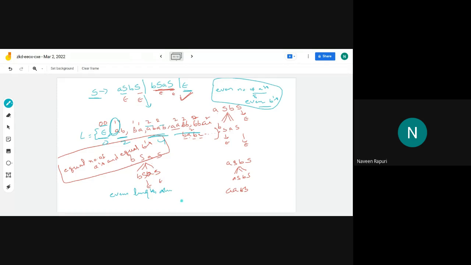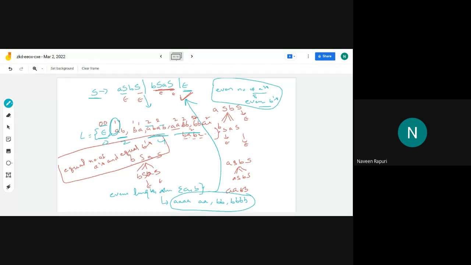In this, we may have the string 4 A's or 2 A's or 2 B's or 4 B's also. But all these are not produced by this grammar. That's why we are not calling it even length strings over A comma B.